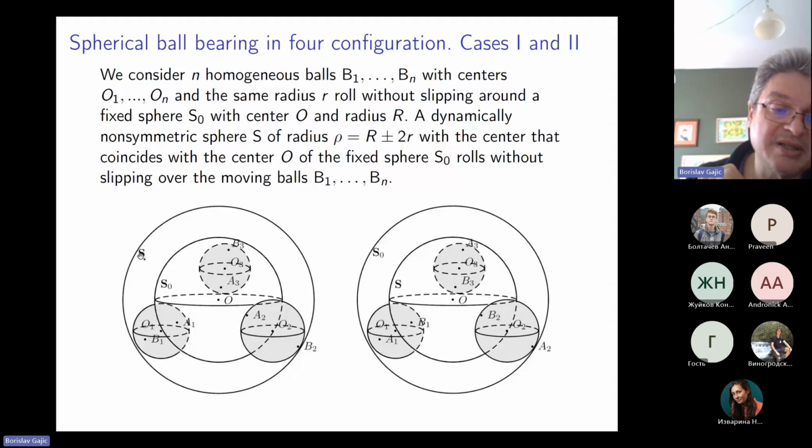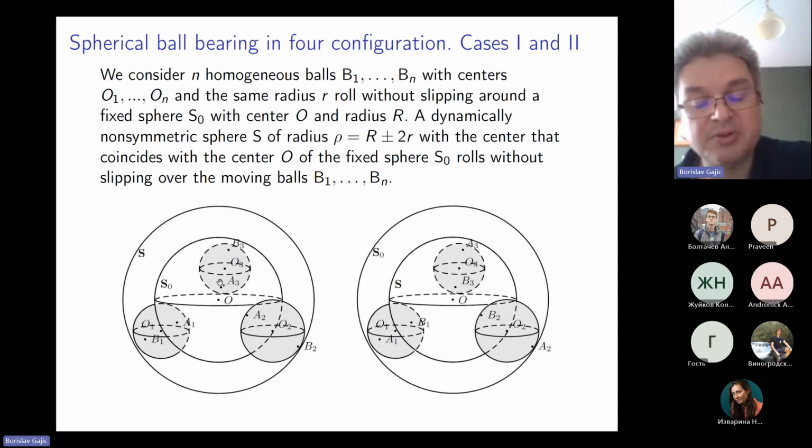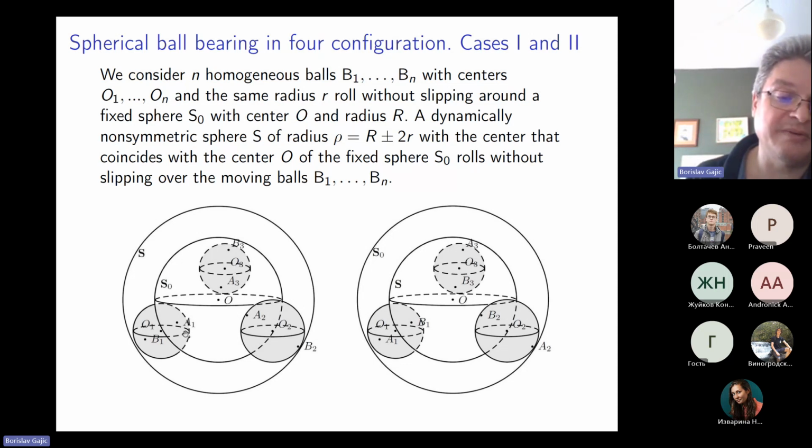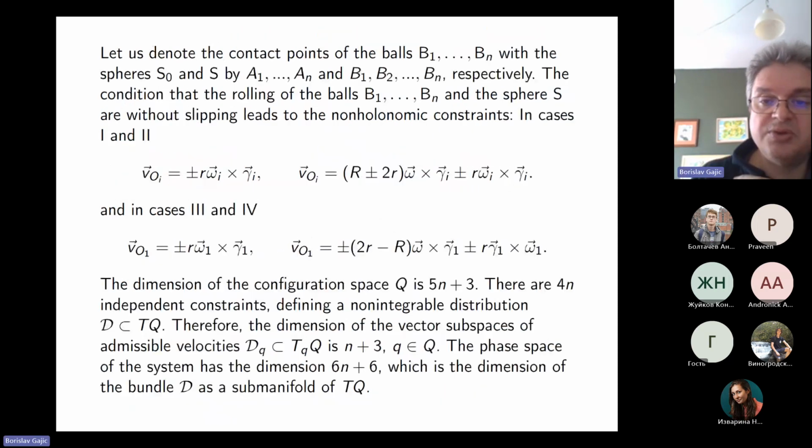But the surrounding sphere S is moving, so the velocity is not 0, but we have the condition that the velocity of the sphere S and the homogeneous ball at the points of contact B1, B2, and so on are equal. So these are equalities of velocity. Here we have zeros, and here we have equal. So we have a nonholonomic system without sliding. So balls do not slide over the sphere.